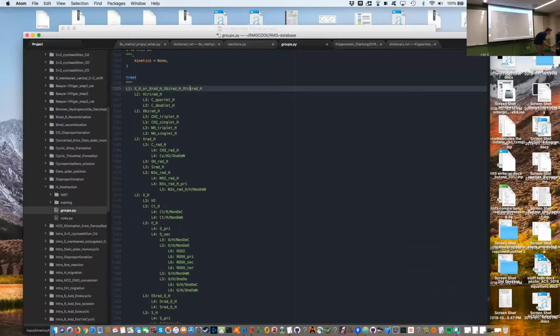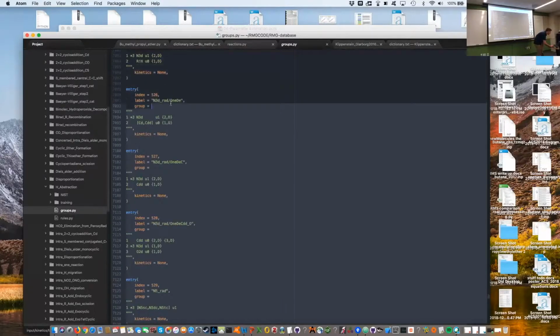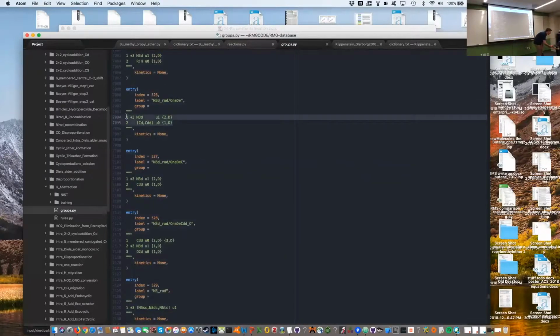This is the least specific node for that, and then it goes down to the second level, the more specific nodes, and then the even more specific nodes, which are all defined up here by these little groups, and have a label that you can reason some of it out, and some of them are a little bit harder to make sense of. But all of them are defined in terms of the adjacency list, which I think Alon talked about very briefly in the last lecture.